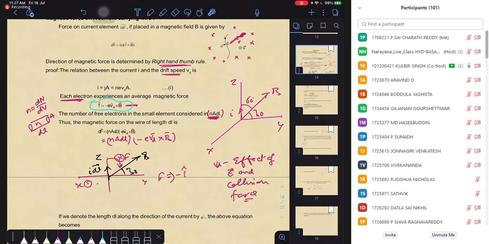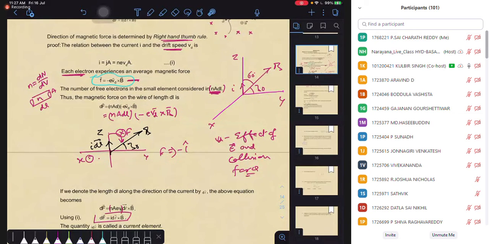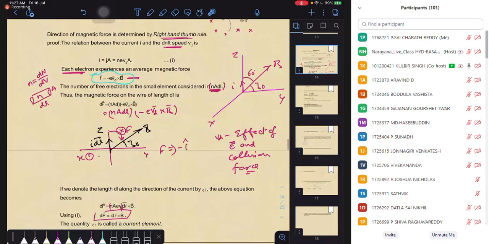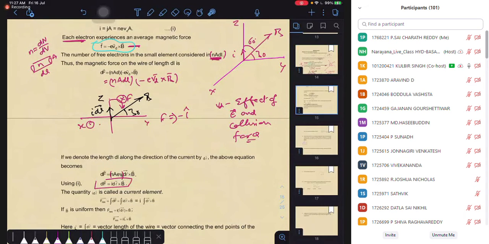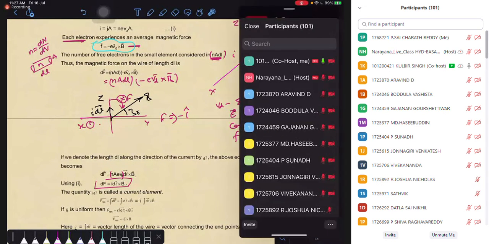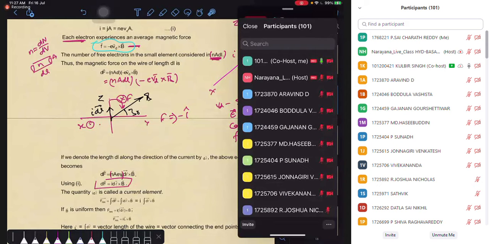So it is called by a new name, the Ampere force. In depth, how it is created, mostly we do not require it. You need not be bothered much about the directions, and I don't expect you to go into that depth. So you can think of it as a magnetic force.